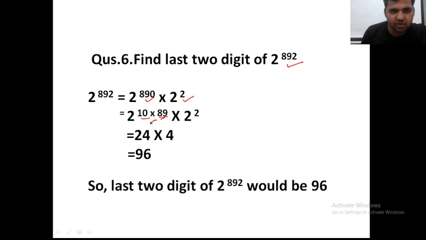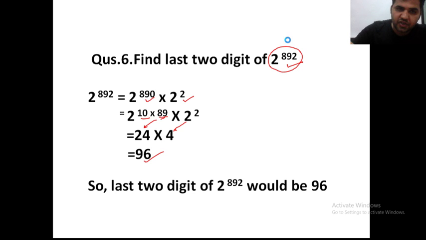This is an odd number, so this will give you 24, and 2 power 2 is 4, so 24 into 4 is 96. So the last two digits of 2 power 892 is 96. I guess we have discussed this question previously. If not, this is again an easy question, which is dependent on the second rule that we have just discussed.